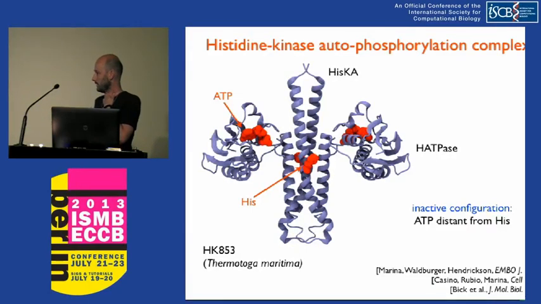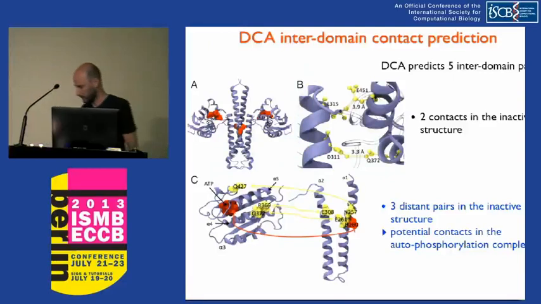While we were working on it, two more structures appeared, all of them being in the inactive configuration. But we have these 13,000 sequences, so let's just do the analysis as I described before.